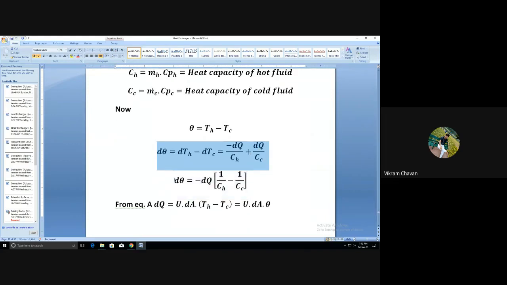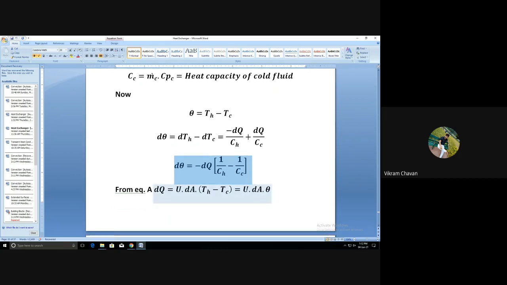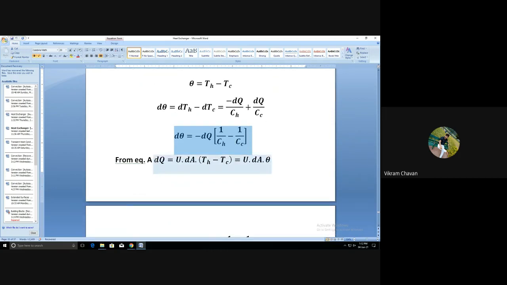So here if you take minus dq common out of the bracket from the right hand side, then you will get d theta is equal to minus dq inside the bracket 1 upon ch minus 1 upon c suffix c. And from equation number a, we know that dq is nothing but u multiplied by dA multiplied by theta, where theta is nothing but th minus tc.